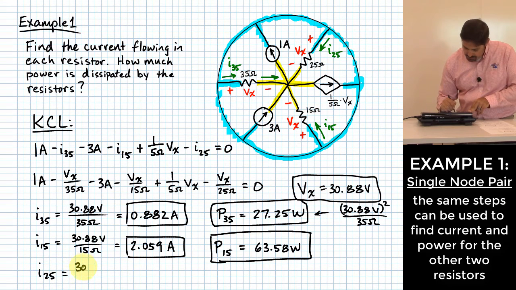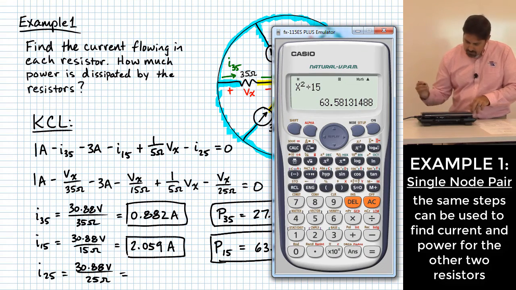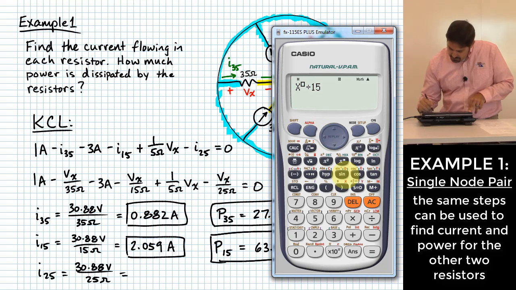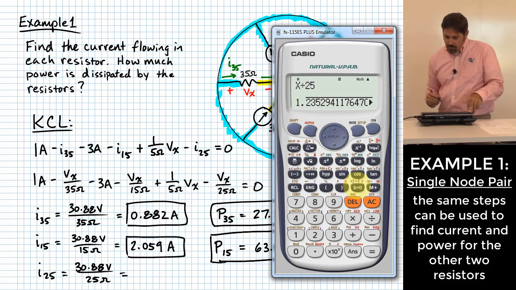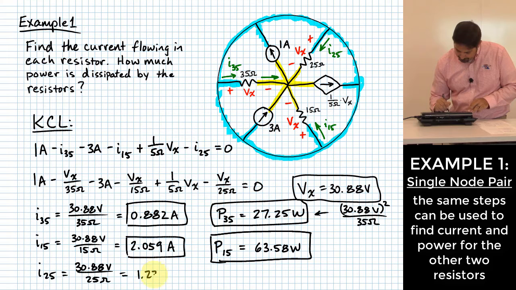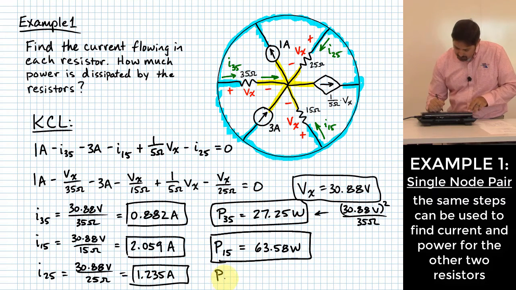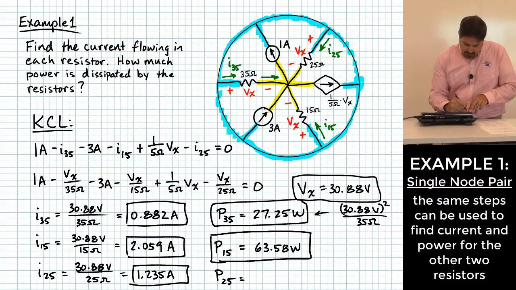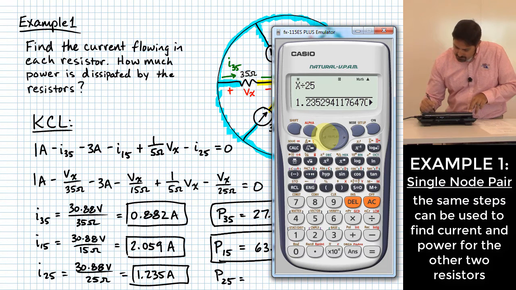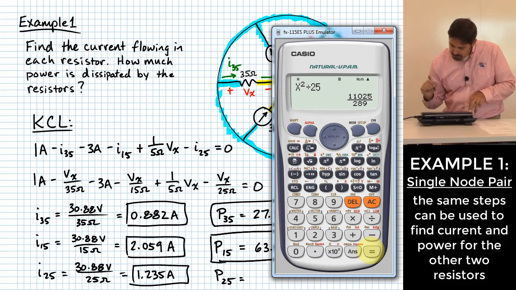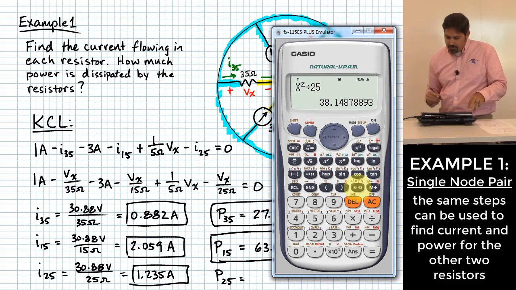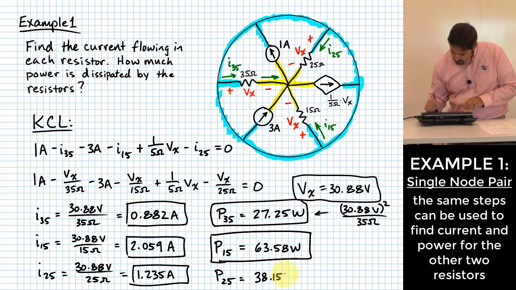Again, no difference: 30.88 volts divided by 25 ohms, and we will have 1.235 amps. And the power for the 25 ohm resistor is simply the same equation, but with x squared: 38.15 watts.